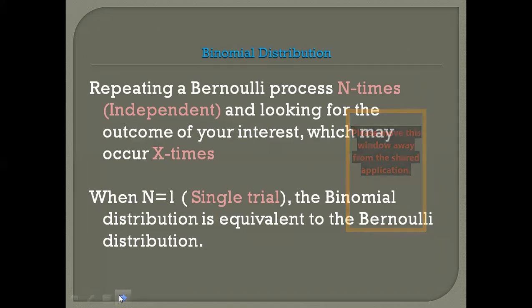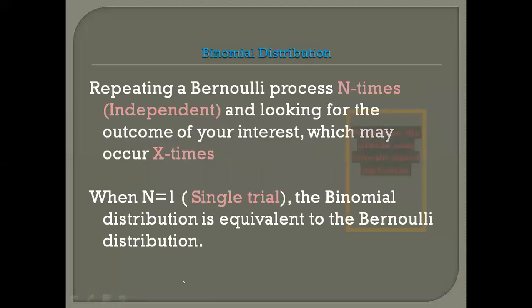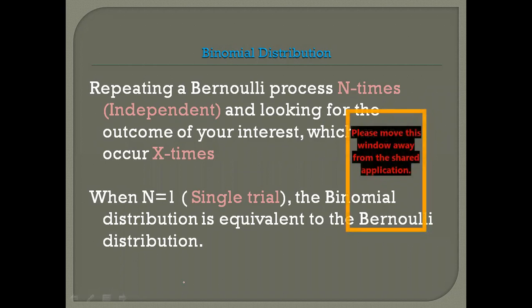Now let me give another example before we move further. Say you are appearing in an examination and you have 10 questions, and each question is answered with true or false, right?